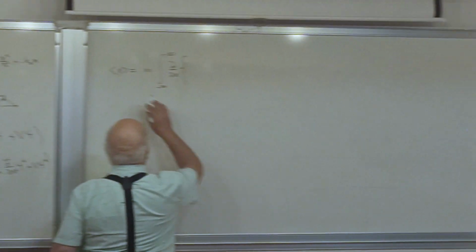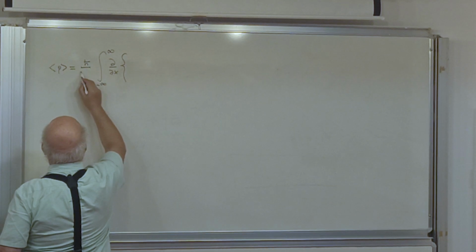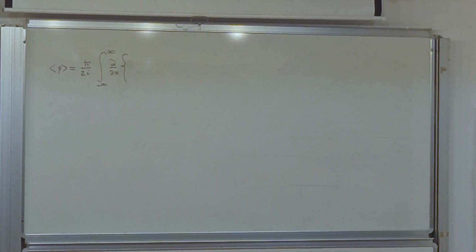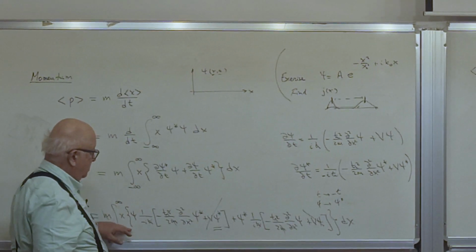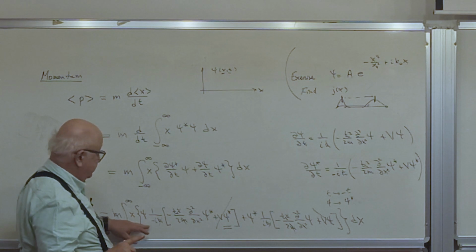So it's going to be h bar over 2i. Check my algebra, I'll make mistakes.